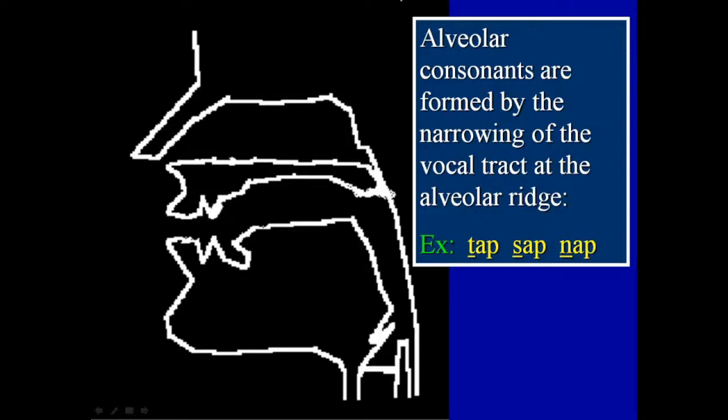Just behind it we have got the blade. Just behind the blade we have got the front. And just behind the front we have got the back and the root of it. Now, t, s, and n in tap, sap, and nap are called alveolar consonants because we raise the blade of the tongue towards our alveolar ridge.